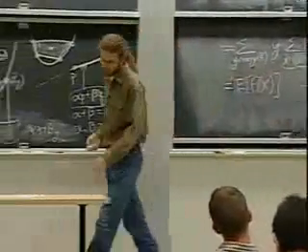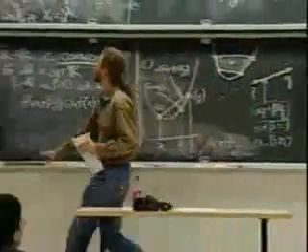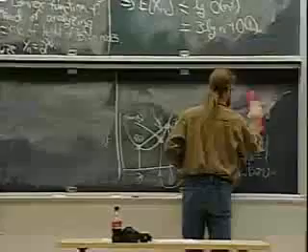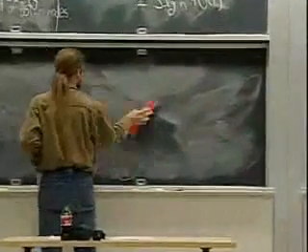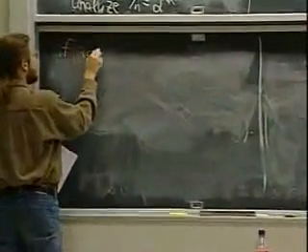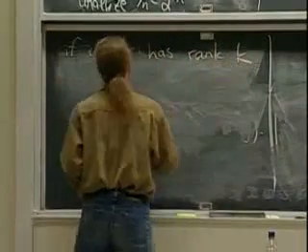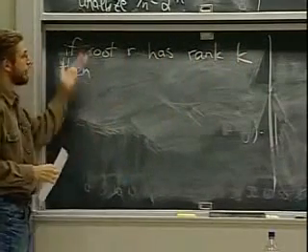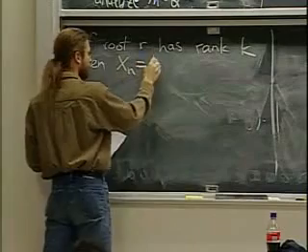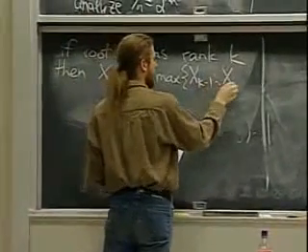So if the root r has rank k, this is a statement conditioned on this event, which is a random event, then what we have is xn equals 1 plus the max of xk minus 1, xn minus k.